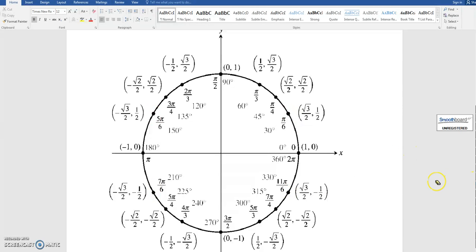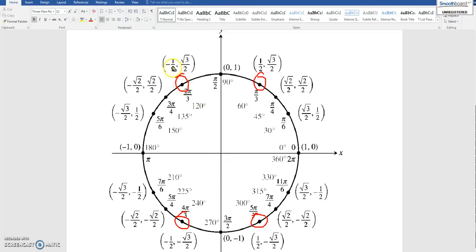If I were to look at, what are some other related points here? If I were to look at this and this and this, oops, can't draw that low on my iPad. This and this. Okay, those are all, if I were to connect them and drop a line straight down, they'd all be related to 60-degree angles. So if I wanted to know, let's say, cosine of 60 would be 1/2.